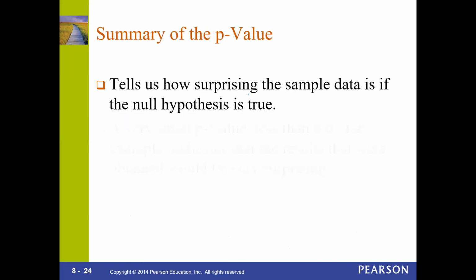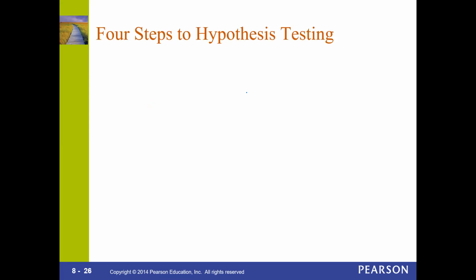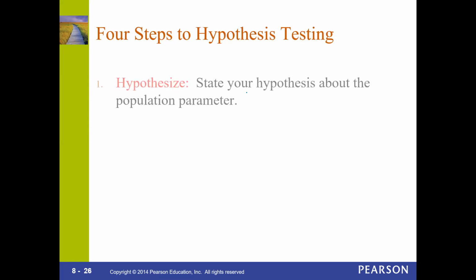So the first step says hypothesize. State the hypothesis about the population parameter. Suppose, for example, this is my claim: I claim P is greater than P0, something like that.